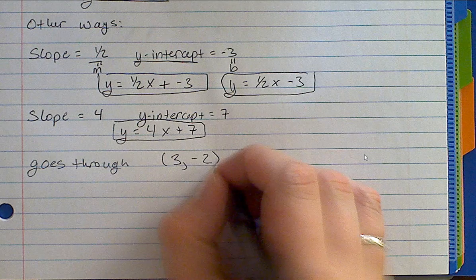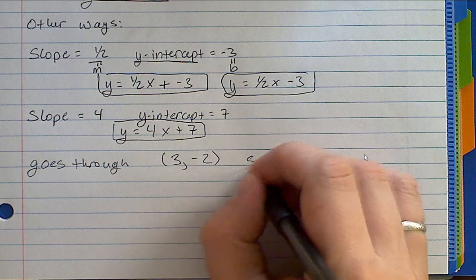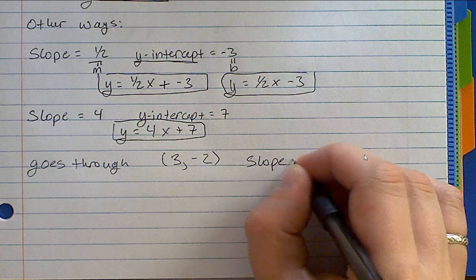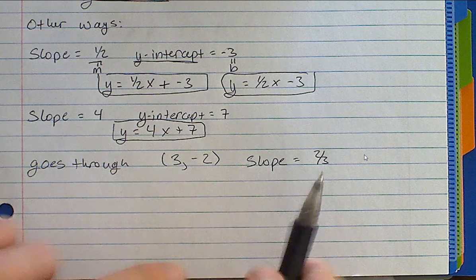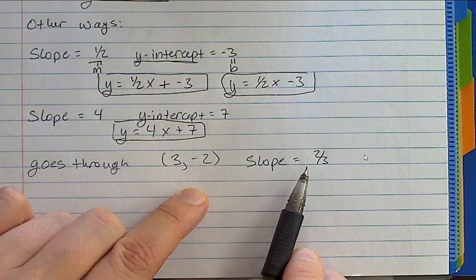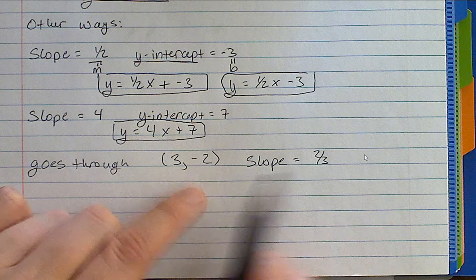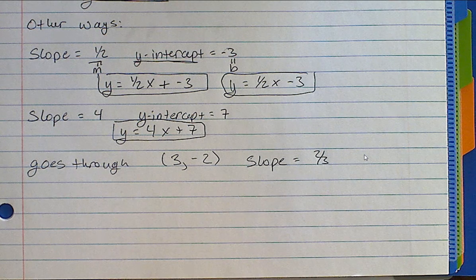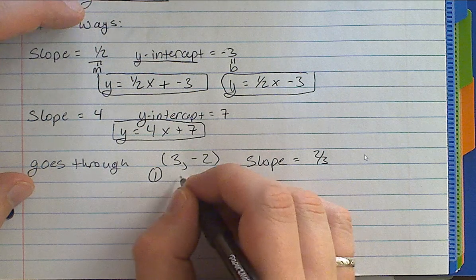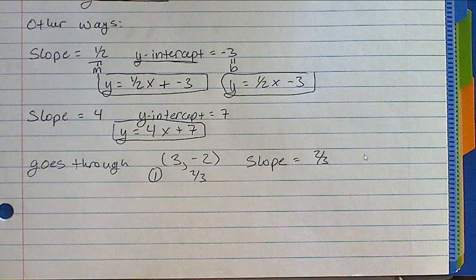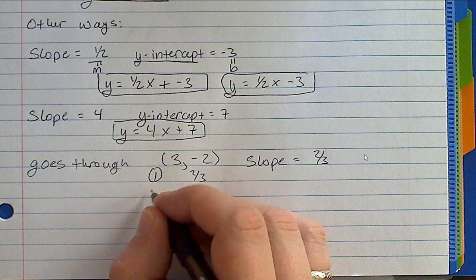Okay, 3, -2. I'm going to say it has a slope of 2/3. Now, rather than giving you 2 points here, this already gives you the slope and 1 point. So we're still going to use the same equation we did from Tuesday. It's just we get to skip that first step where you have to find the slope. So step number 1, already done for you. The slope is 2/3. Ta-da! You get to skip down to step number 2.